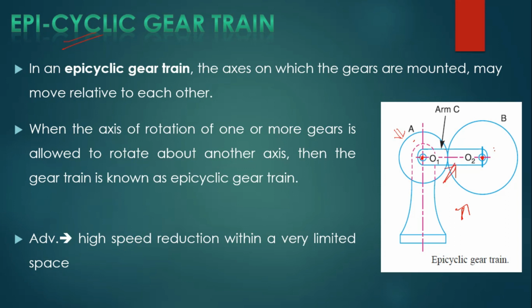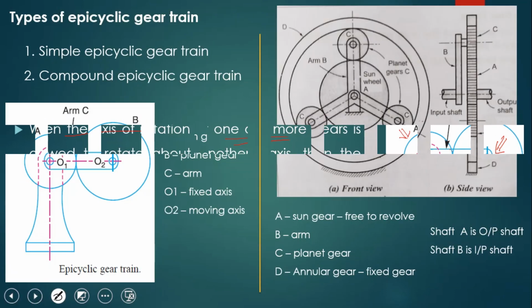That's why here arm C rotates with respect to O1 and gear B rotates about O2 and O1. Clear? So when the axis of rotation of one or more gears is allowed to rotate about another axis, this type of gear train is called an epicyclic gear train.